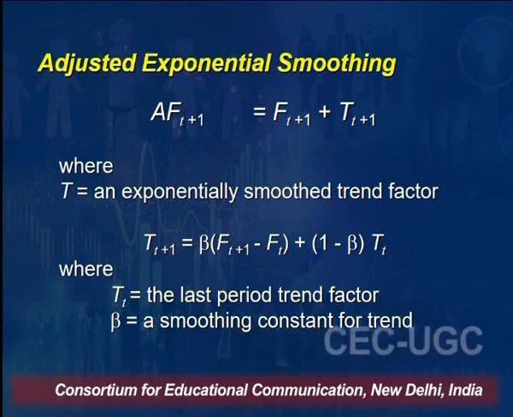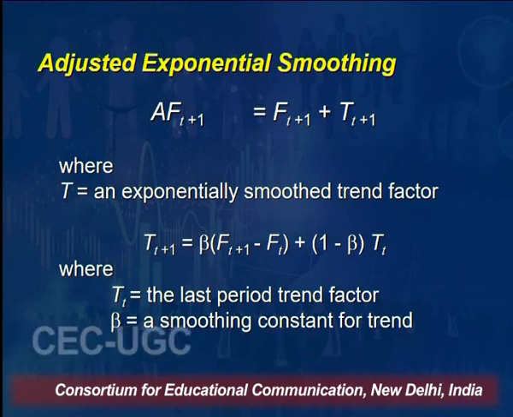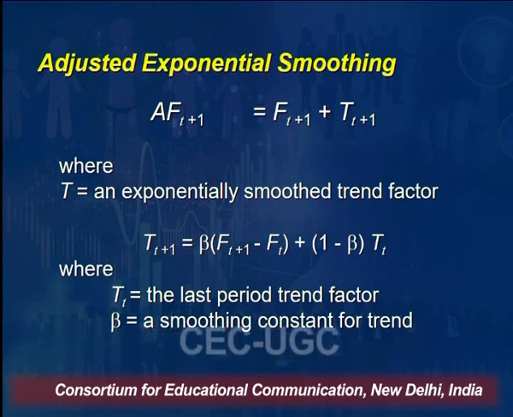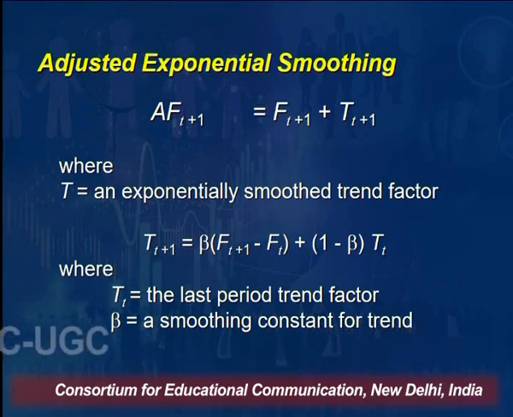So here again there is another formula to calculate this T plus 1, that is the trend factor. So this is equal to beta, another smoothing constant, into F t plus 1 minus F t, plus 1 minus beta into trend for t period.